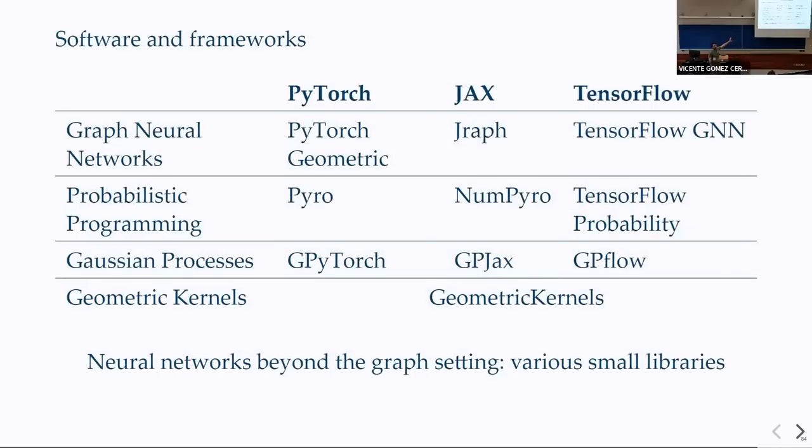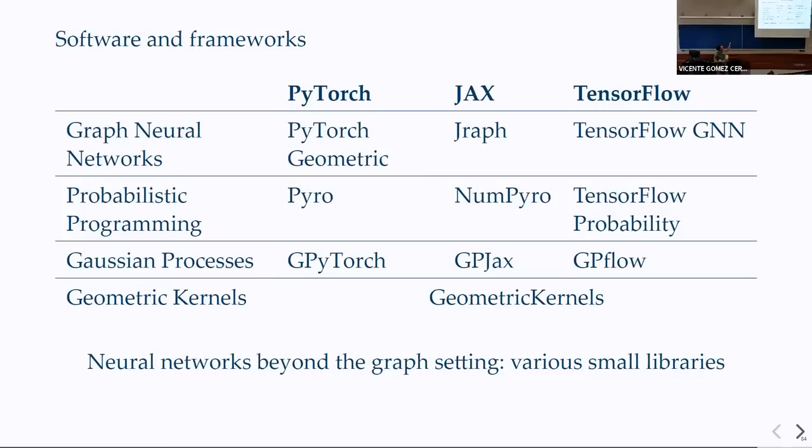Here I also have a table of the tools that you might want to use if you prefer other frameworks like JAX or TensorFlow, to implement something similar to what is implemented in the notebook that I used for the first part of the talk. I know that the GeometricKernels library supports all of these backends, so you can use it for all of these applications.